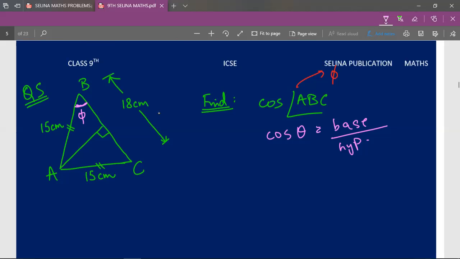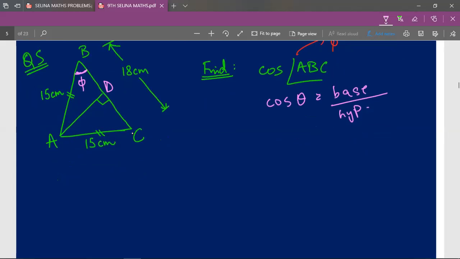So for the base, all you have to remember is we'll take this triangle into consideration, that is triangle ABD, which I'll label myself. So in triangle ABD, the angle phi is not towards the ground, and this can also be written as 90.